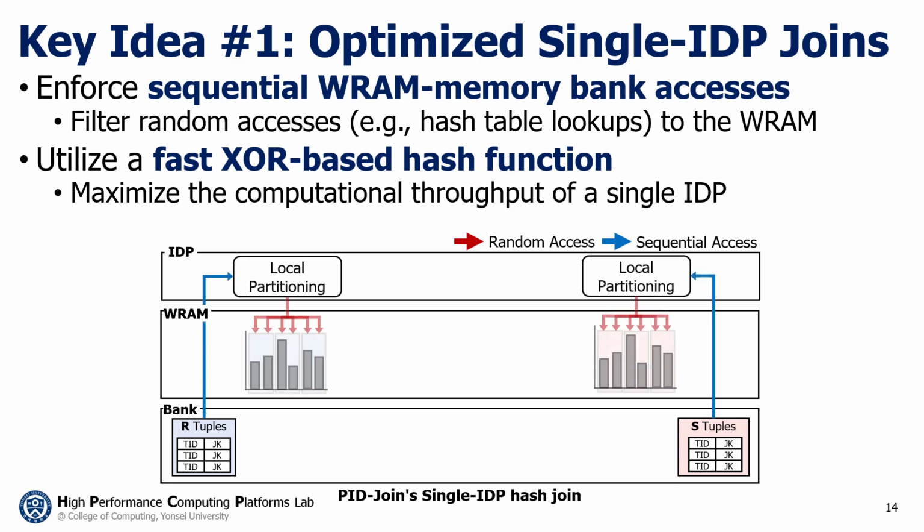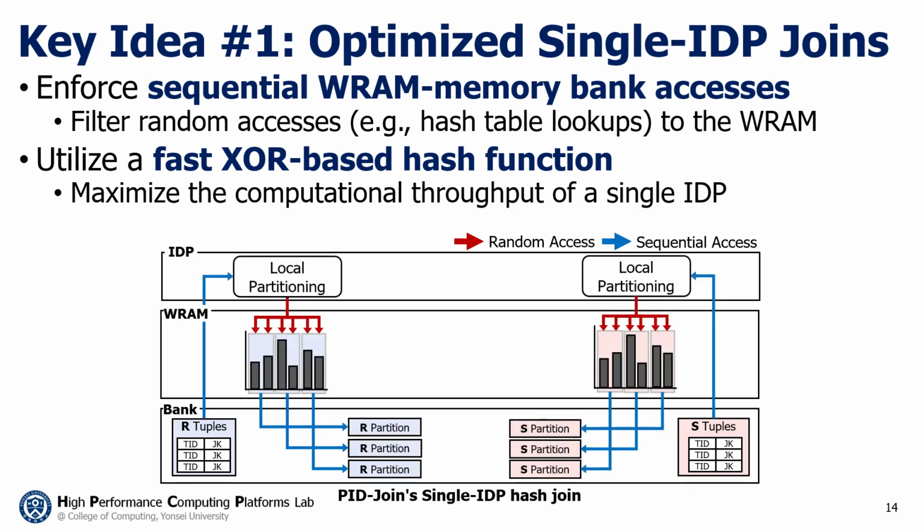So this is the working model of the hash join. We first perform partitioning on the working memory, and we filter the random access to fill in the buckets. When the buckets are full, they are spilled down to the memory bank, and this can be implemented with sequential and large access granularity.